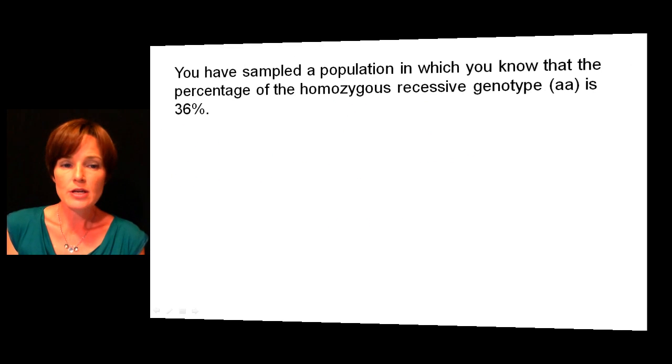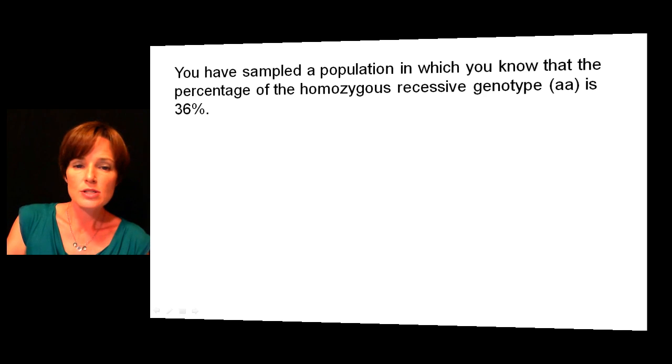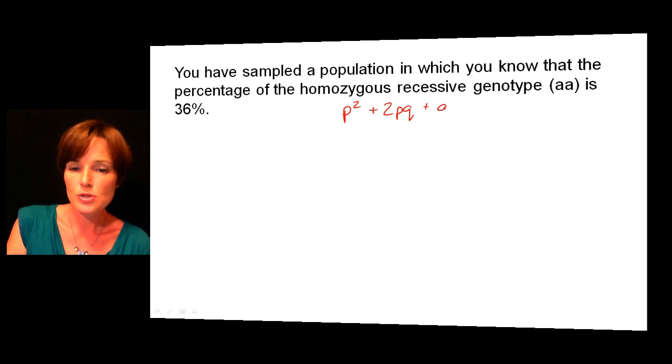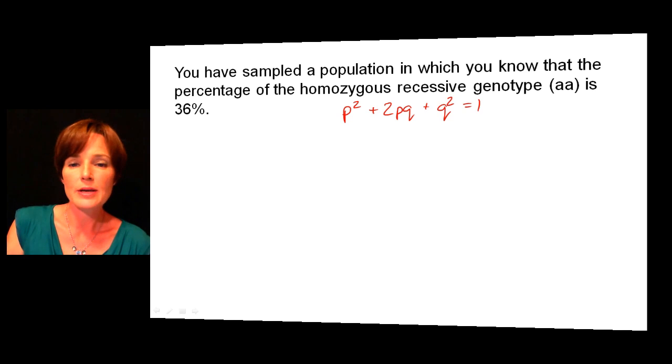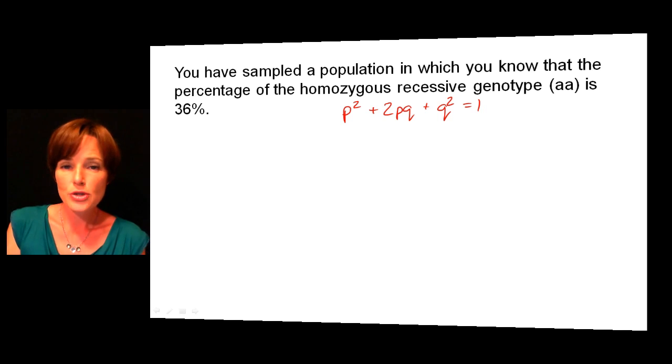In this first one, you have sampled a population in which you know that the percentage of the homozygous recessive genotype is 36%. So let's write our equation out here: P squared plus 2PQ plus Q squared equals 1. We have a part of this equation that represents the little a genotype, and that's the Q squared.